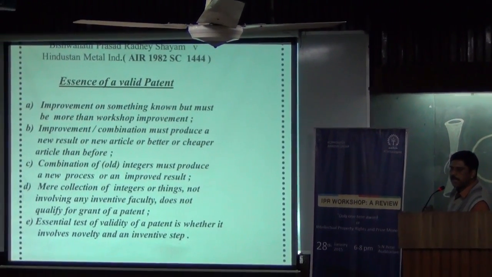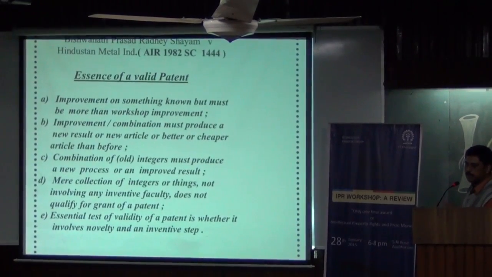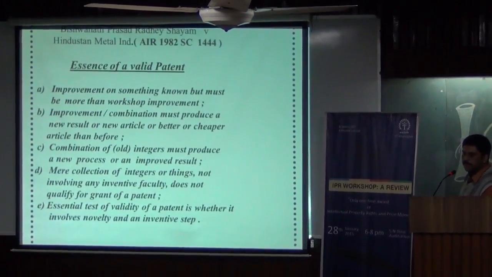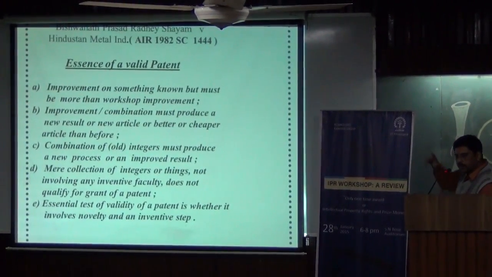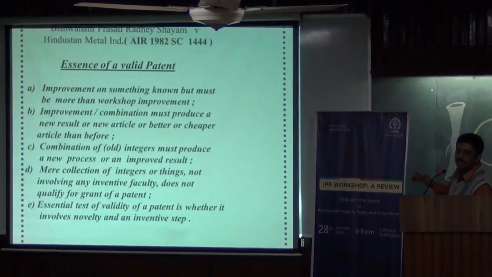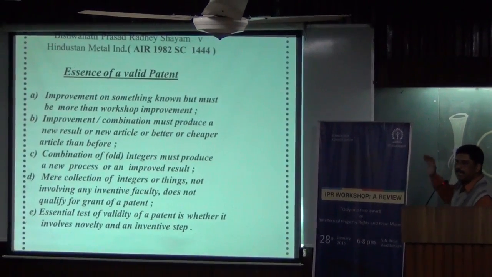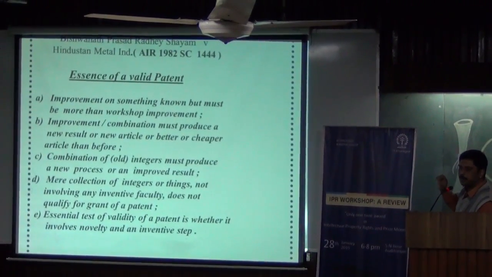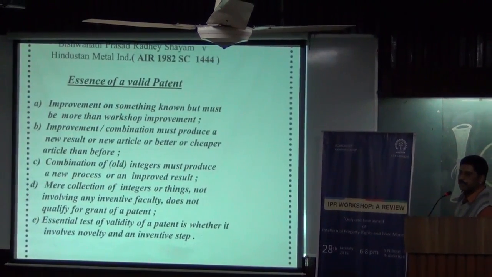Changing one metal or alloy to another alloy may not qualify as a patentable invention. So, for novelty, you should consider there should not be prior art. For non-obviousness, you rely on it not being a mere workshop modification, and not being obvious to the persons in that particular field.